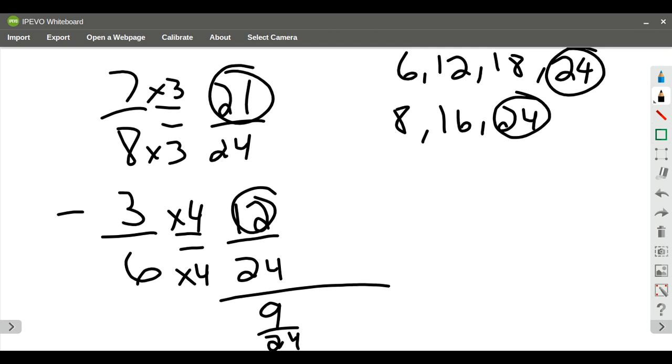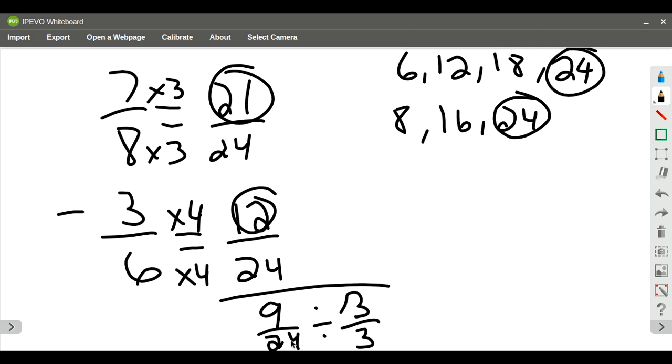And then I look and see, do 9/24 have a common factor? And the answer is going to be yes. The common factor that they have is 3. And so here's how I can do this. I recognize that 9 is a multiple of 3, and I'm going to show you guys a little trick, a divisibility rule to check by, is if I add the digits together.